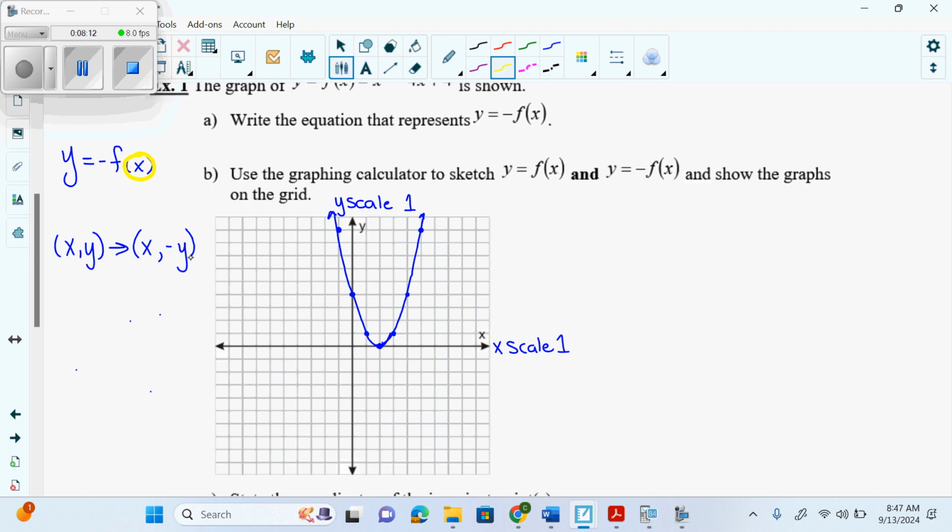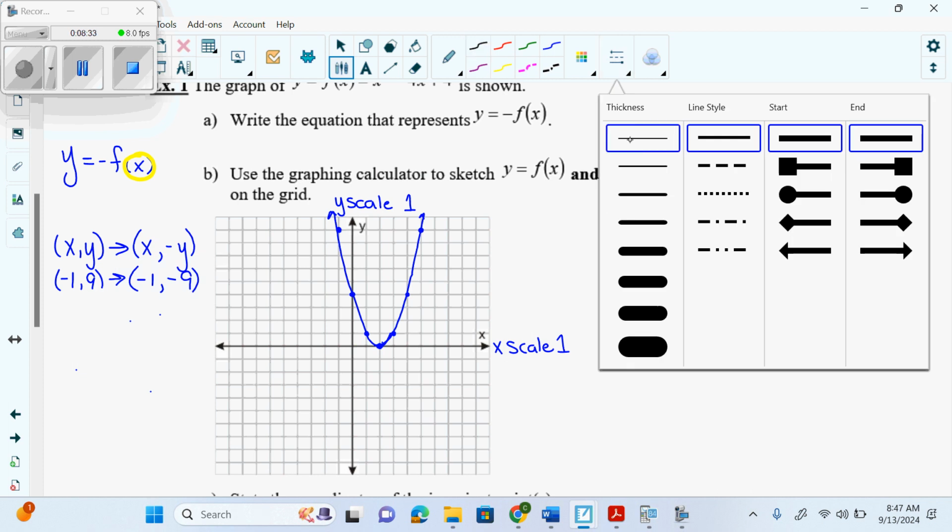Okay? So if I take this, I know it's going to reflect in the x-axis. But remember, whenever I move coordinates, I can just plug it into my mapping. So if I take negative 1, 9, what's it going to become, guys? Negative 1, negative 9. I'm going to use a different color. Negative 1, negative 9.